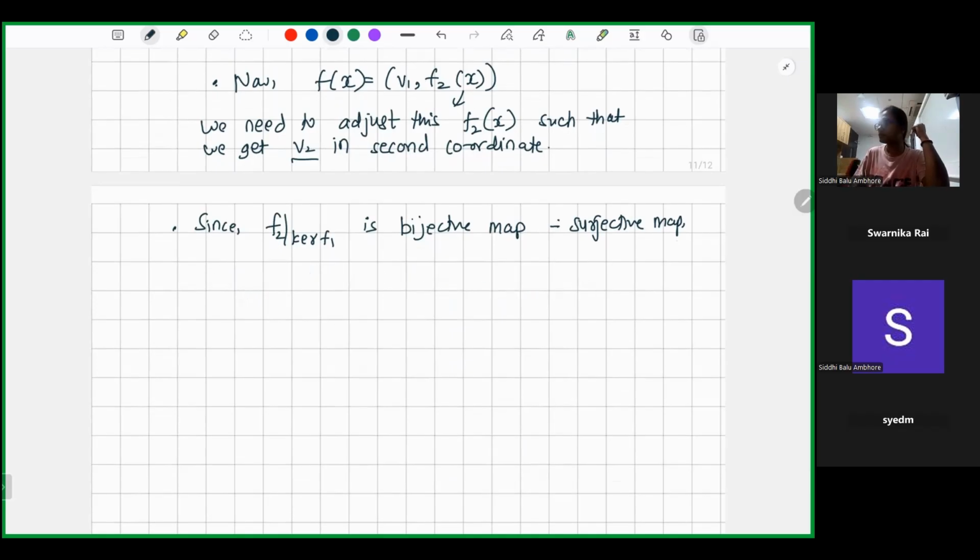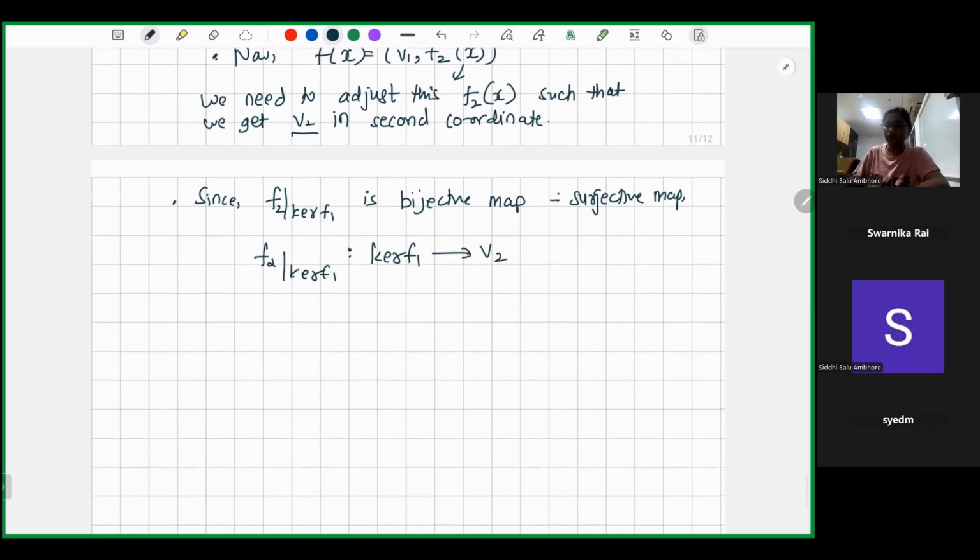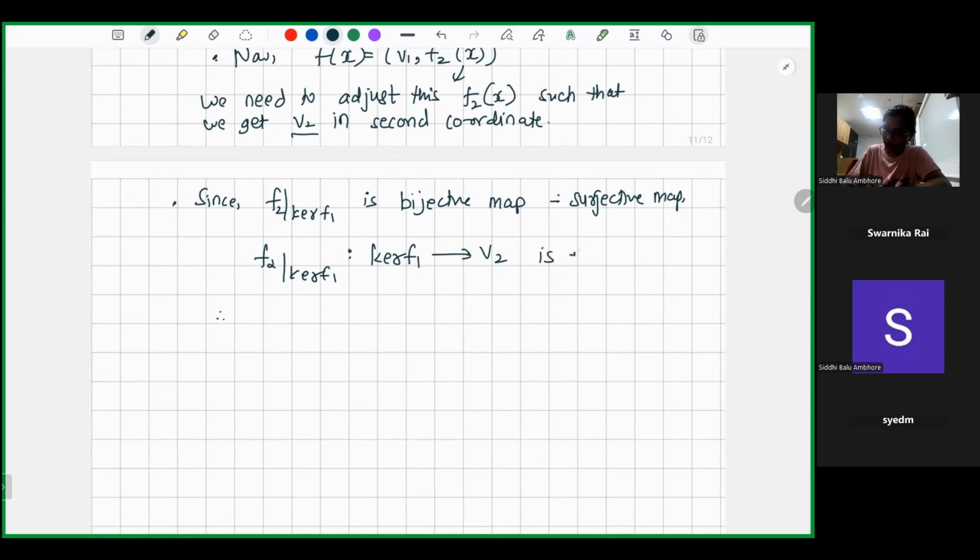So this f2 of x is in V2, right? Note that f2 restricted to kernel f1 is from kernel f1 to V2, and is surjective.